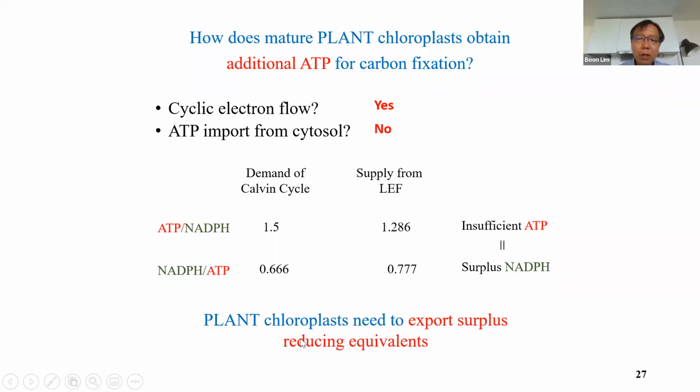So if plant chloroplasts cannot import ATP, that means that they need to export surplus reducing equivalents to balance the NADPH and ATP ratio.